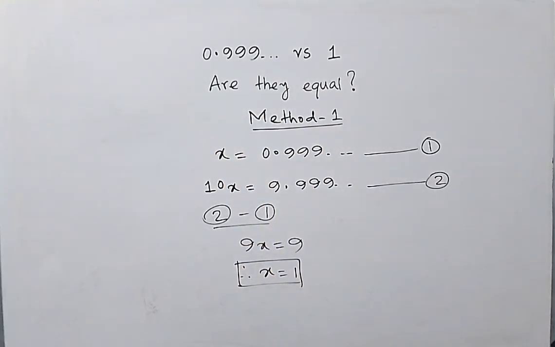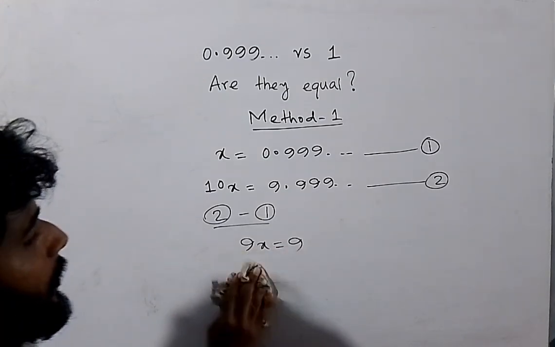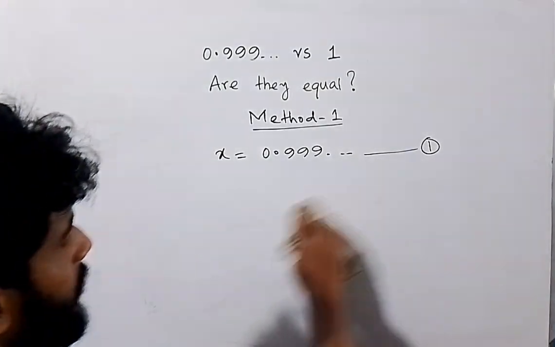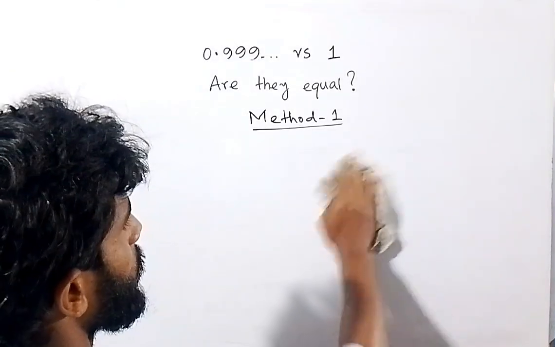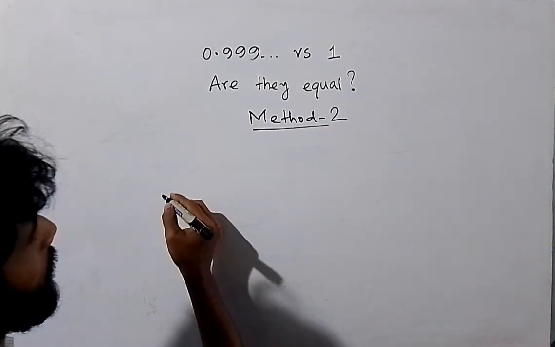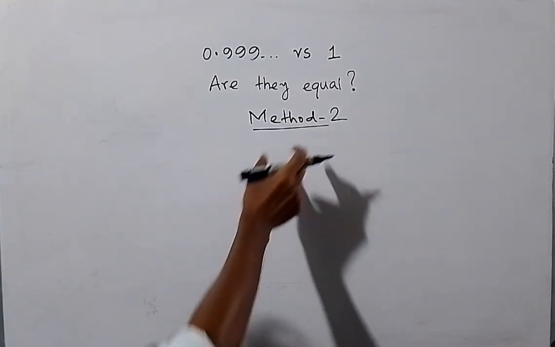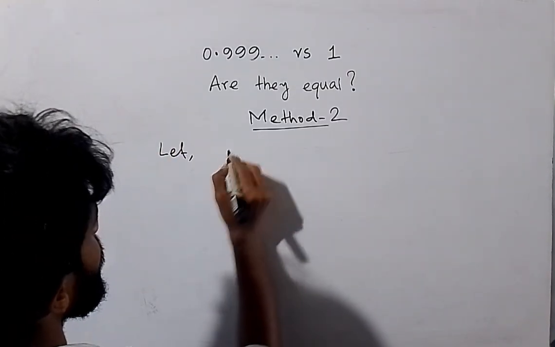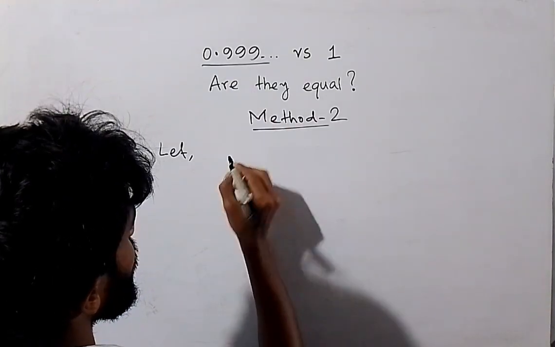So this is my first method, that they are actually equal. Now I move to my second method. My second method is using series, an infinite geometric series. So I will take this 0.999 as s.